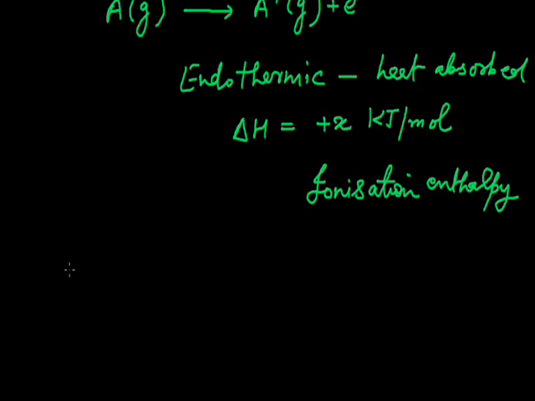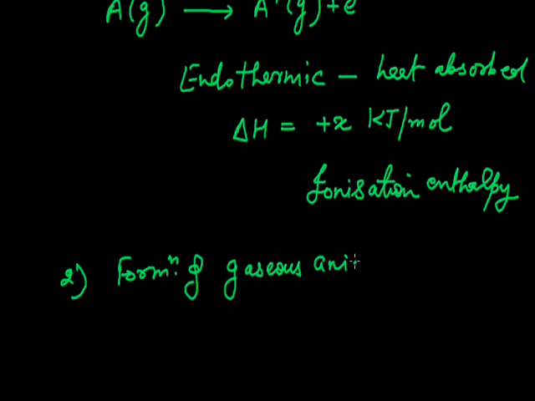Next, let us consider the atom B. The formation of gaseous anion from B takes place as follows. B in the gaseous state is accepting an electron to get converted to the anionic form, that is B negative.